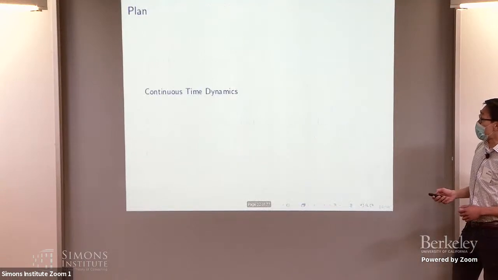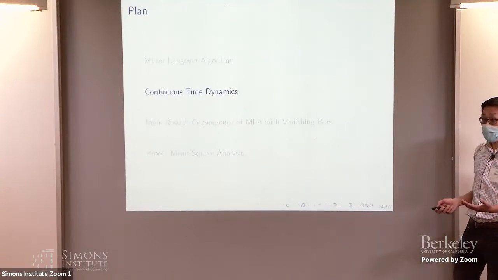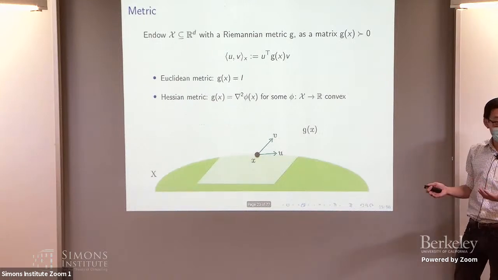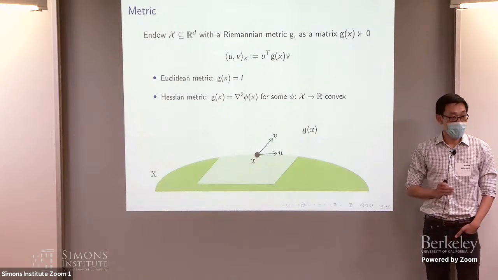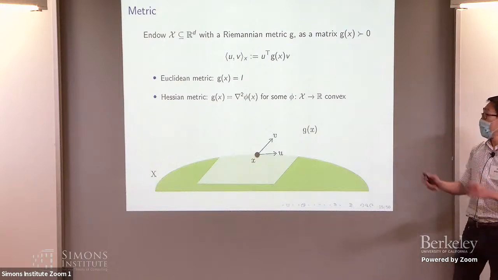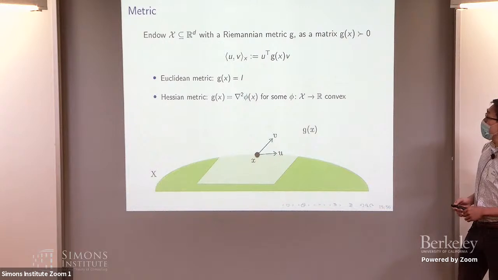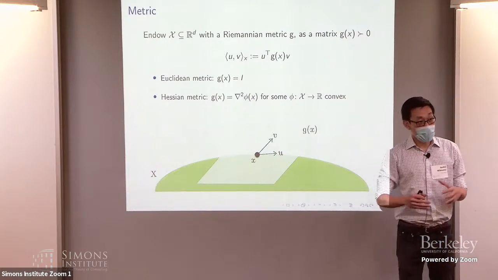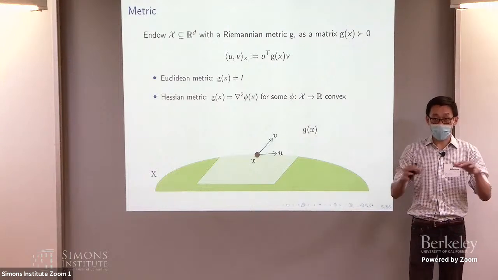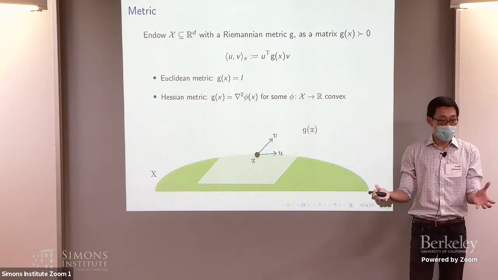So let me try to give a very high-level overview of what happens in continuous time. A lot of this was also covered in the bootcamp tutorial a few weeks ago, so let me just go quickly. What happens here is that we are in the metric setting where we work with a convex subset of Euclidean space, but we treat it as a manifold.